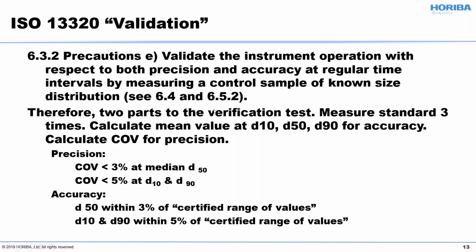So for the verification test, you measure standard 3 times, calculate the mean value of your D10, D50, D90 values for your accuracy, and then calculate your coefficient of variation for the precision. So D50 has to be within 3% of the range, and D10 and D90 within 5% of the range of values.